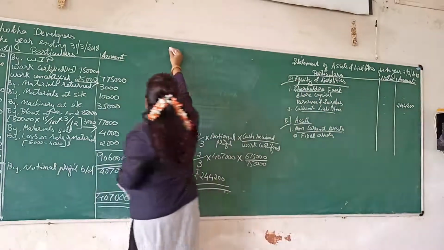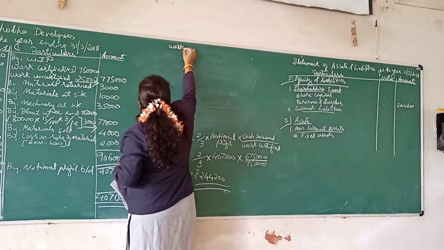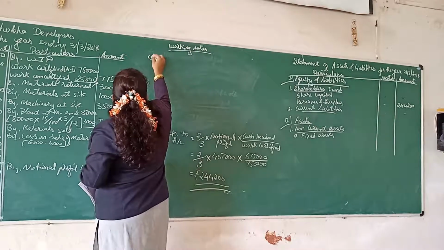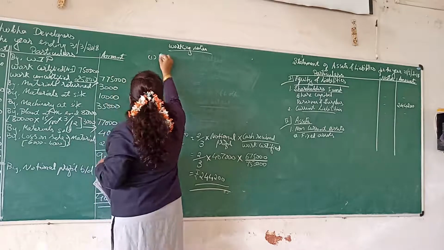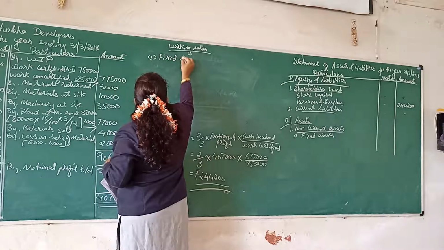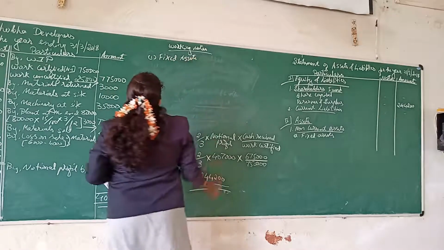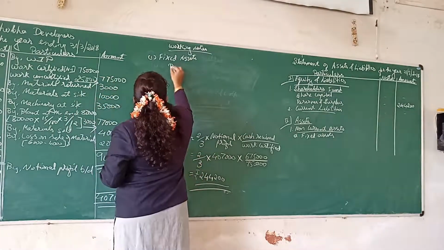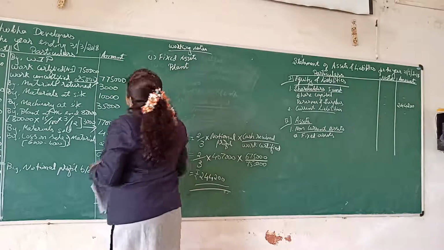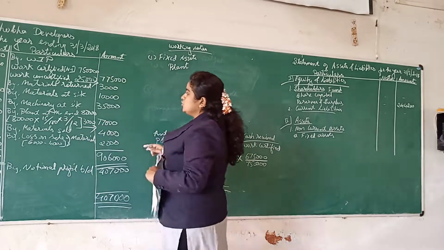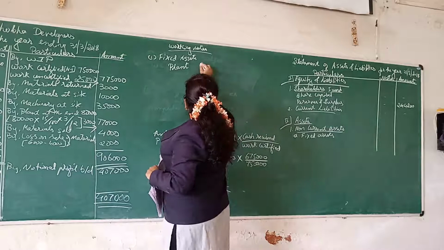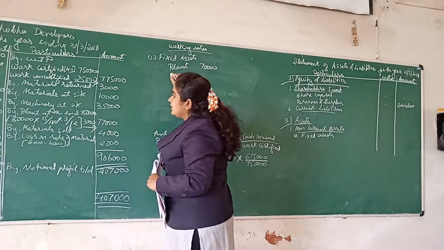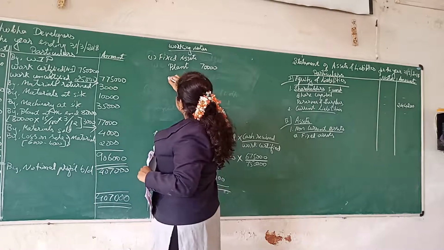For the heading you can write working notes. The first one is fixed assets. Okay, so the plant's depreciated value has to be shown, that is 77,000. Then next comes machinery.